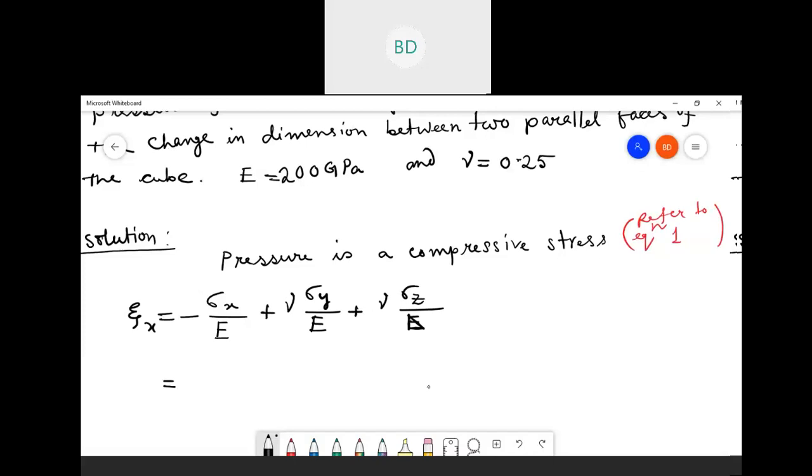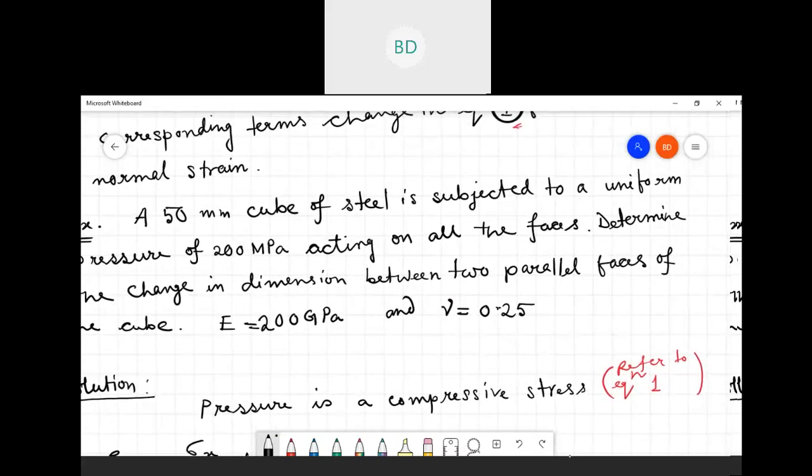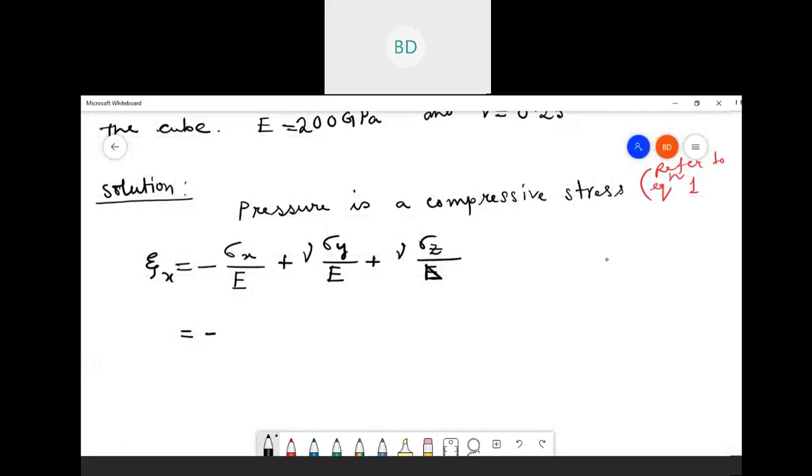So now, what is sigma x and what is new that you can get from the question? So 200 megapascal, that is the stress acting uniformly on all the faces.